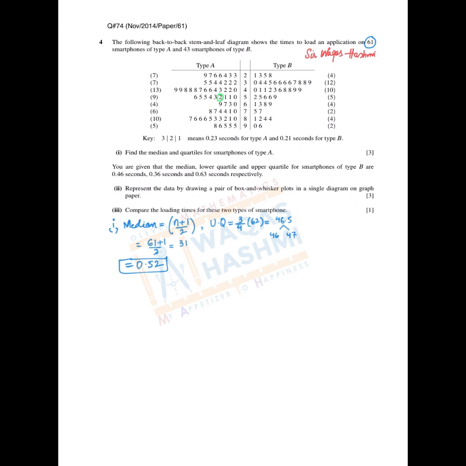So the upper quartile lies between these two, so that will be 0.78 plus 0.80 divided by 2. So the upper quartile is equal to 0.79.